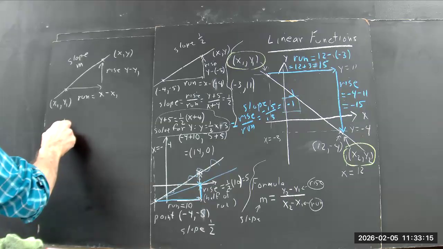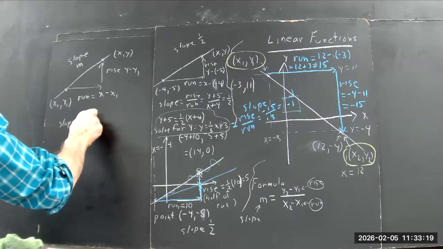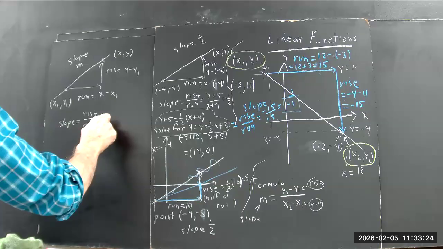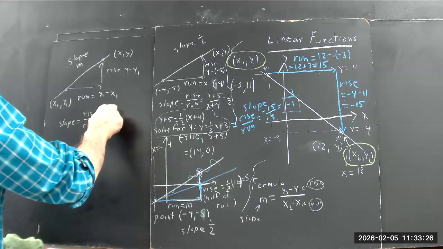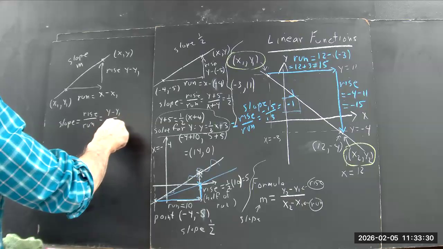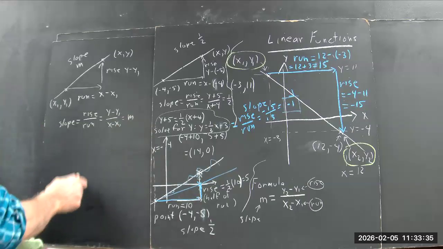So that slope equals rise divided by run, which equals y minus y1 over x minus x1 equals the slope.